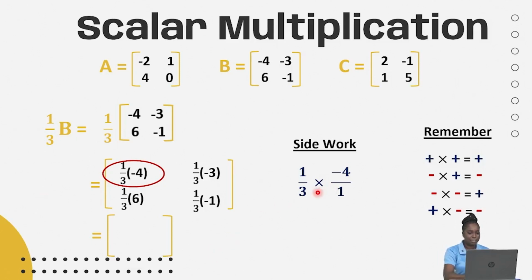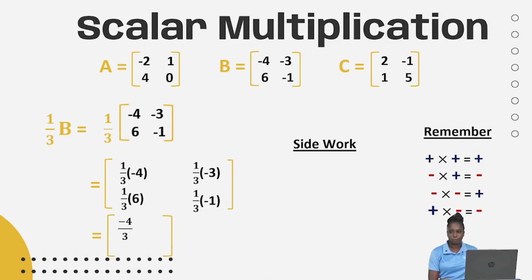Can we cancel anything in the direction of the sign? Well, it doesn't make sense to cancel the ones, because it's just going to give you back 1. And we can't cancel anything in that direction. And so this just simply results in 1 times -4, which is -4, and 3 times 1, which is 1. And so that's -4/3.